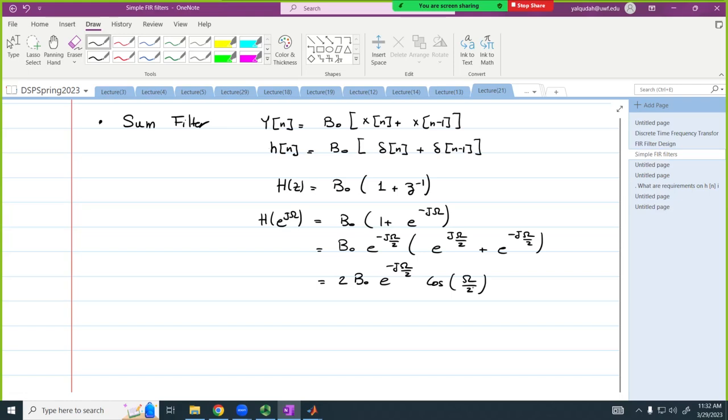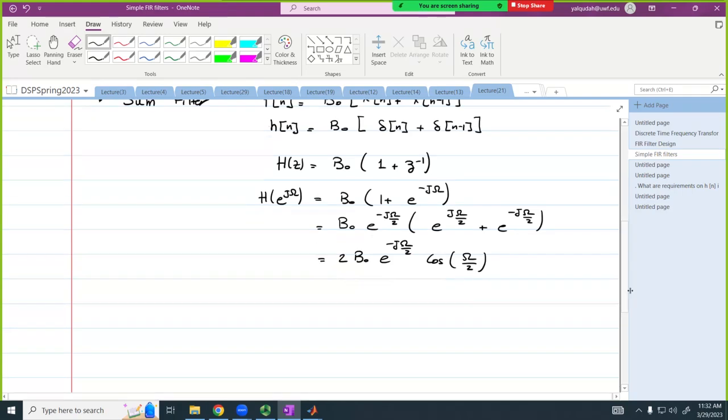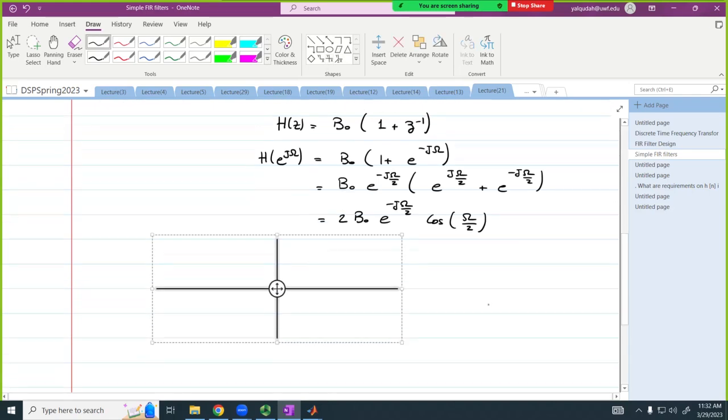Together? Okay. So therefore, we can plot the frequency response. How does the frequency response look?